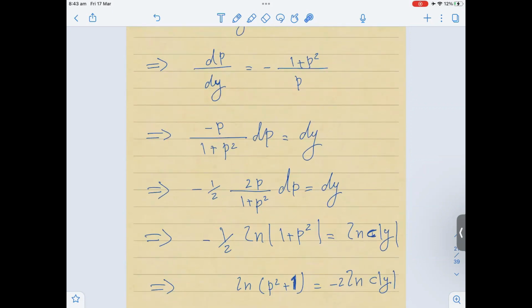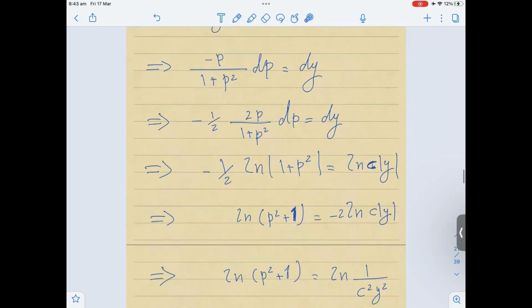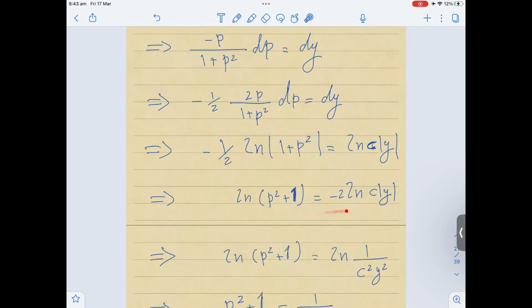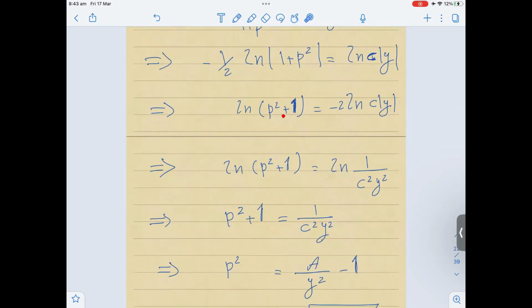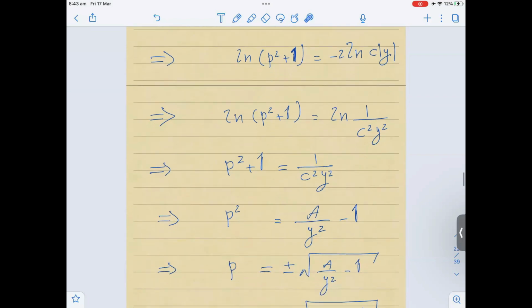You start to solve it. But since the question has been changed, the solution is not straightforward. So you got this one, p squared plus 1, absolute value is removed, that's obvious. Log is this one, 2 goes to here, and minus 2, and that's why this is 1, this one c2. So I can hit the equation by exponential.